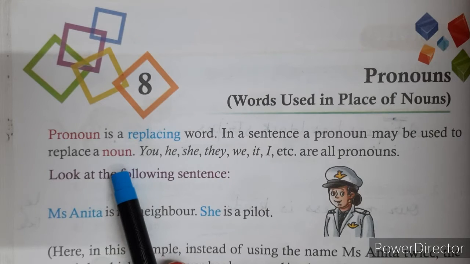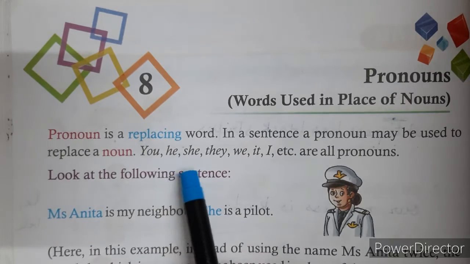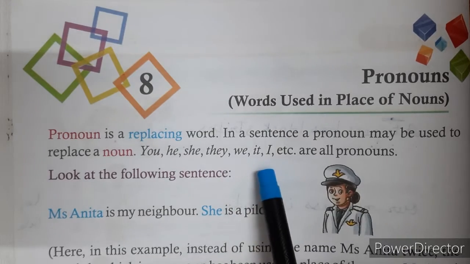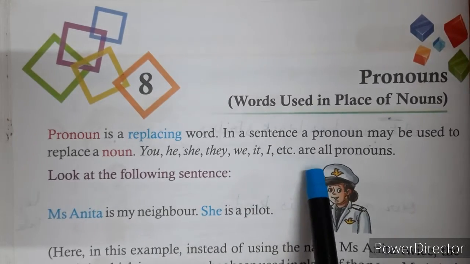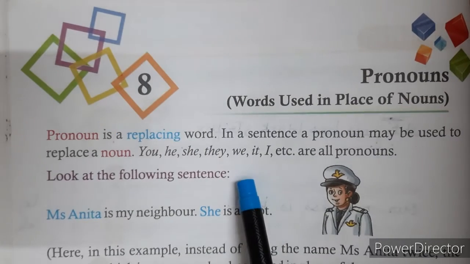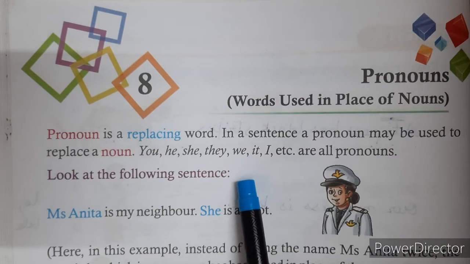Nouns are names of person, places, animals or object. You, he, she, they, we, it, I, etc. are all pronouns. So students, pronouns are used instead of nouns. They are the words that are used in place of nouns.